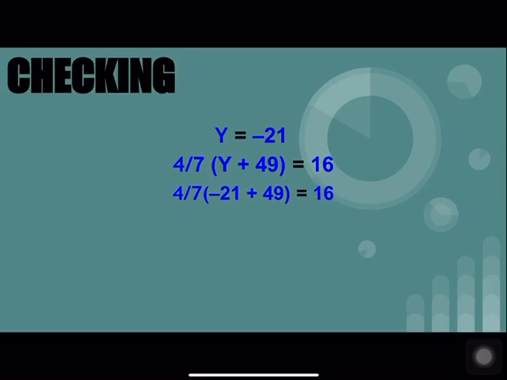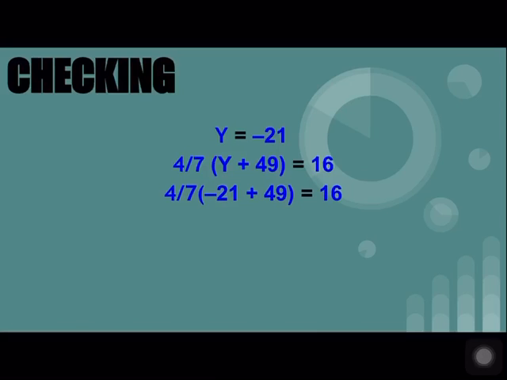Let's check if we got the right answer. We said y is equal to negative 21. Our original equation is 4 over 7 times the quantity of y plus 49, and everything is equal to 16. Let's substitute the value of y as negative 21.